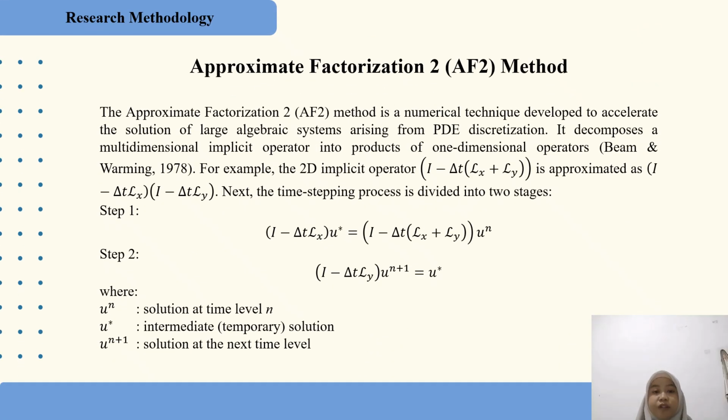The approximate factorization 2 method, developed by Beam and Warming, was designed to accelerate the computation of multidimensional implicit schemes.